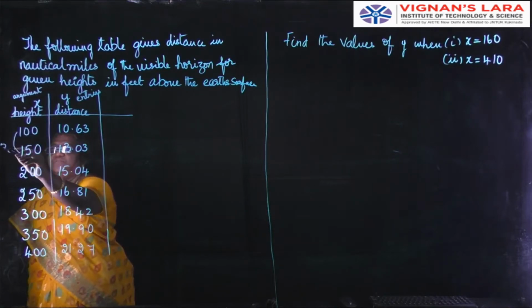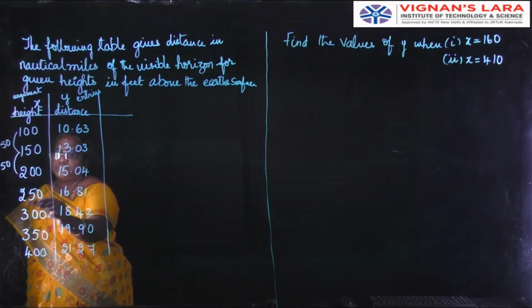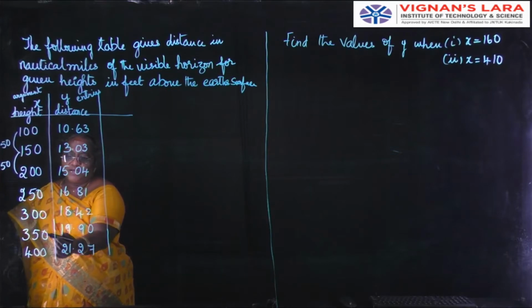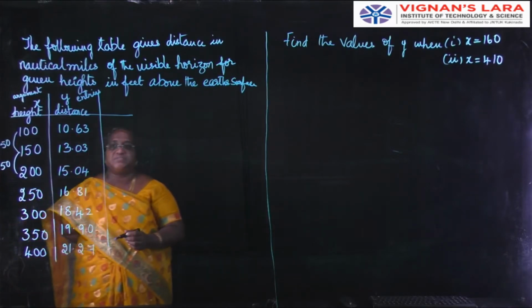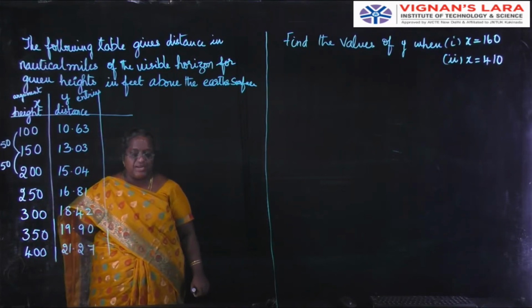Difference is 50. Difference between 150 and 200 is 50. So like that for all these, what is the difference? 200 and 250, difference is 50. 250 to 300, difference is 50. 300 to 350, difference is 50. And 350 to 400, difference is 50. Means they are equally spaced.